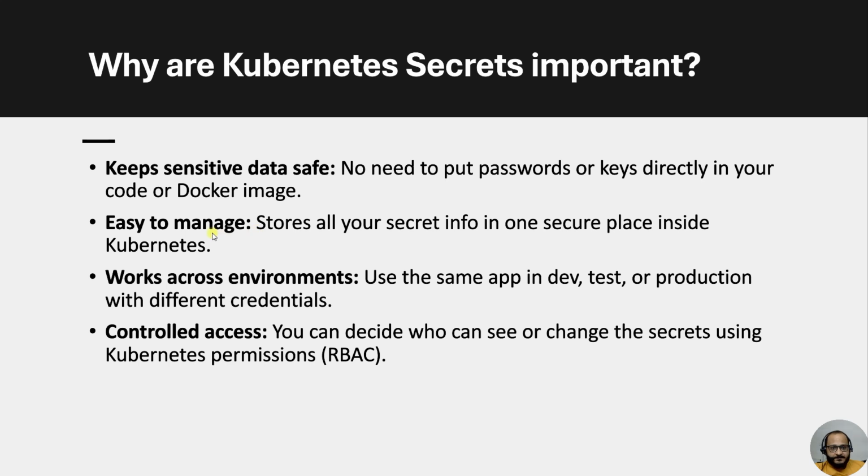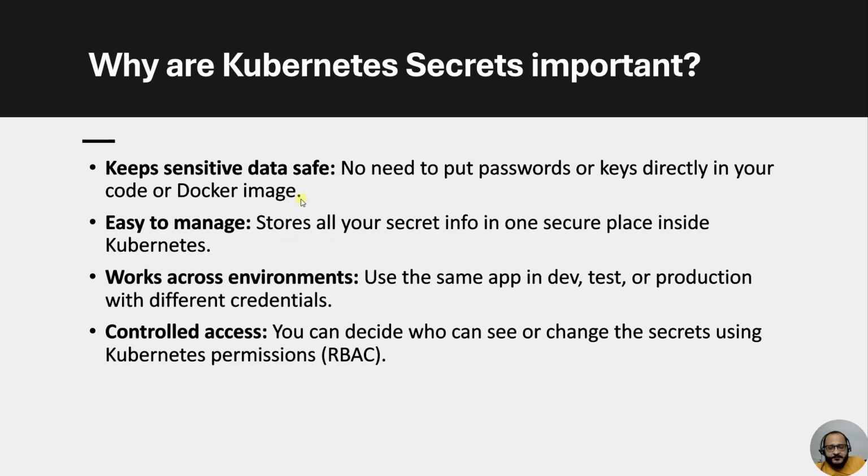It is also easy to manage, because we store all the secrets in one secure place inside Kubernetes, and we can control the access on particular secrets. Whoever has access, only those persons can access your credentials. Nobody else will have access to those credentials.